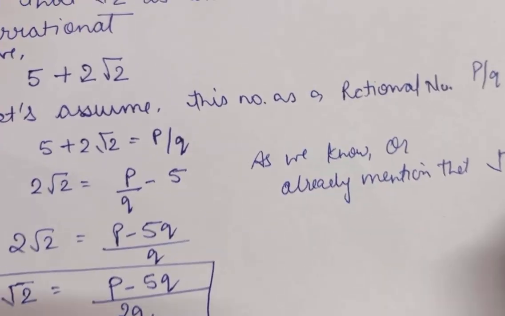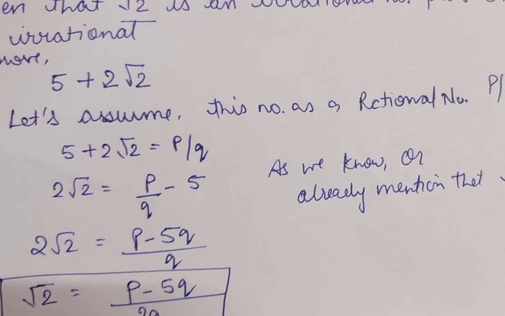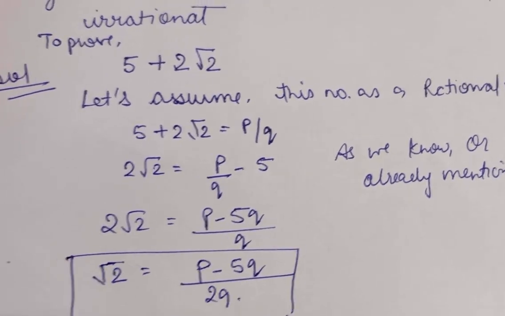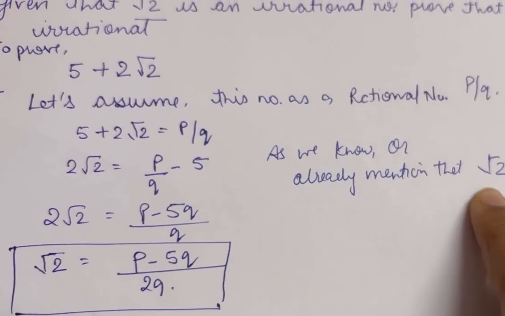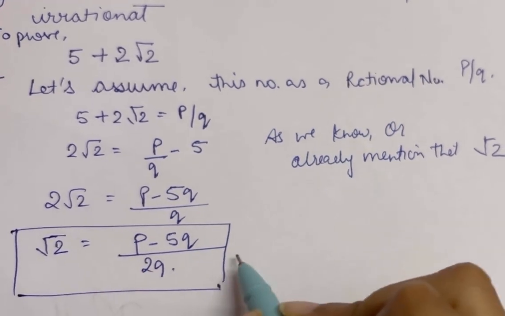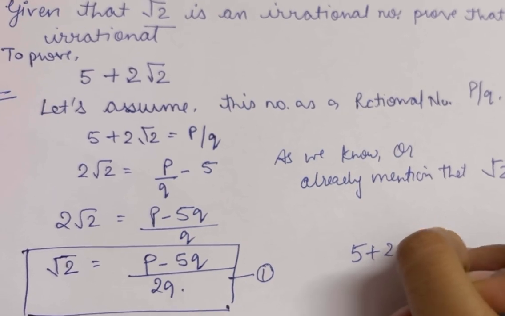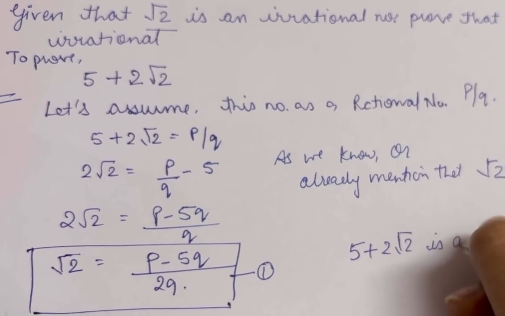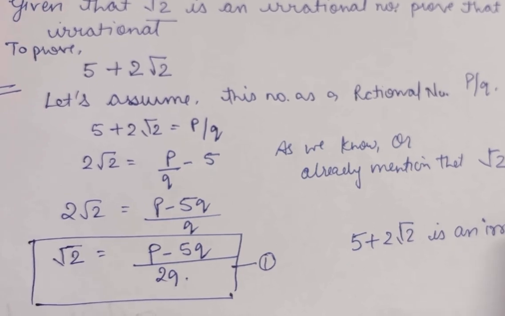This value is an irrational number and this value is equal to root 2. So from these two references, on comparing this statement and the equation we got, we could say that 5 plus 2 root 2 is an irrational number.